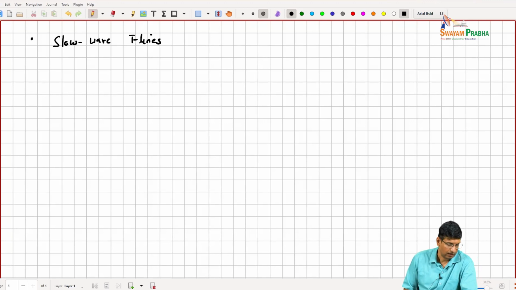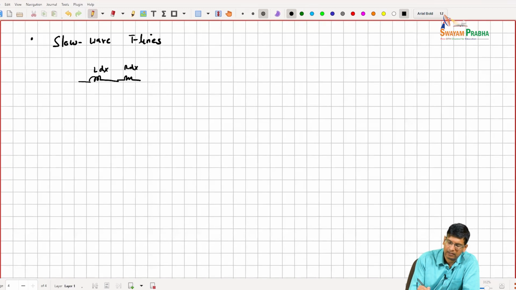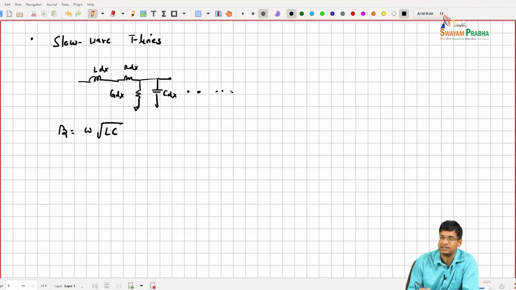And the idea there is that if we consider the distributed model that we developed, right, there is a unit L dx, there is R dx, where dx is the unit length, right, and then there is the G and C. And this section is repeated, right? And we saw that beta is omega square root L times C, right?